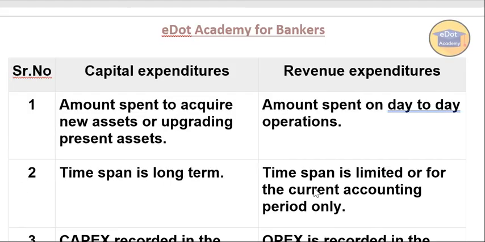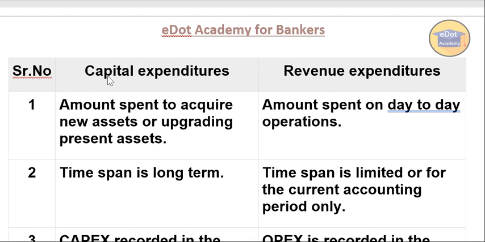Okay, now we'll see what is the difference between them. After seeing the difference, we'll see how to distinguish between capital expenditure and revenue expenditure. So number one, amount spent to acquire a new asset or upgrade a present asset is called capital expenditure.